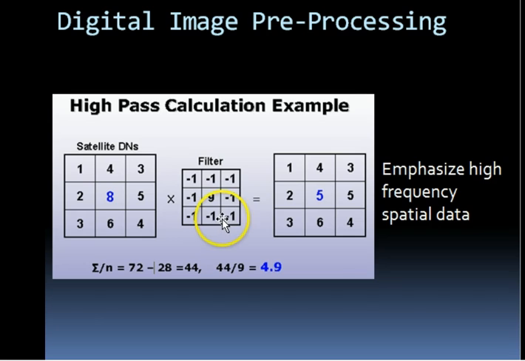So essentially it's trying to say, we want you to increase this one, but decrease it based on the weight of all of the other ones, essentially trying to enhance any edges that might be apparent within the imagery. Right? And so when you apply this weighting, you end up with a very different value in there.